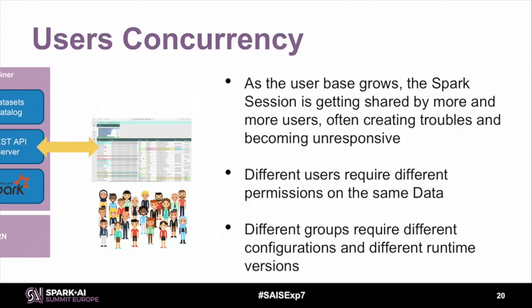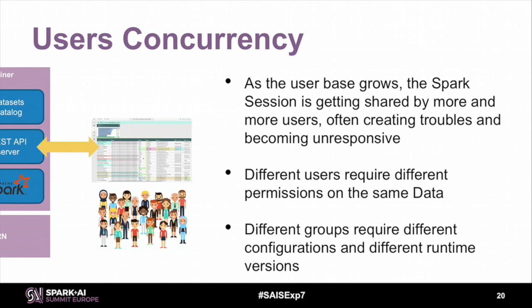Now, this is the point I wanted to bring up about user concurrency. So we deployed this. We had several users start using it. The problem that we started seeing is that we were hosting one single Spark session, and multiple users were accessing the same session with different operations in a multi-threaded way.